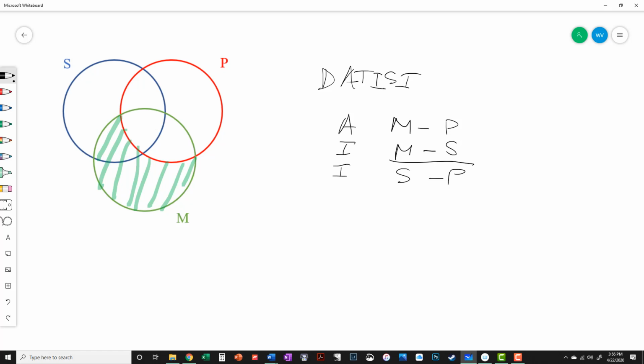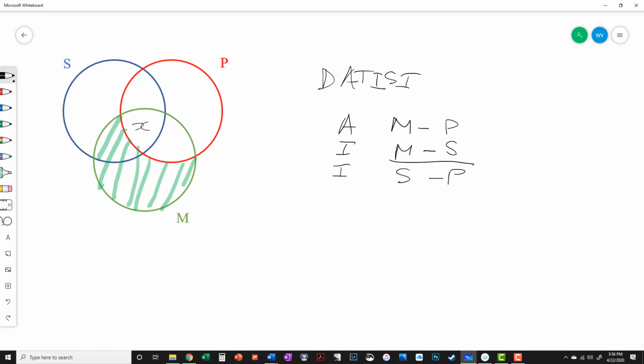On which side of the line for P should we put this X? Well, in this case, because we diagrammed the universal proposition first, we know that this region has to be empty. So there can't be an X in there, or that would make the A sentence false. So because we're taking the premises as true, we have to leave that region empty. That means that the way to make the second premise true at the same time the first premise is true is to put the X right there.